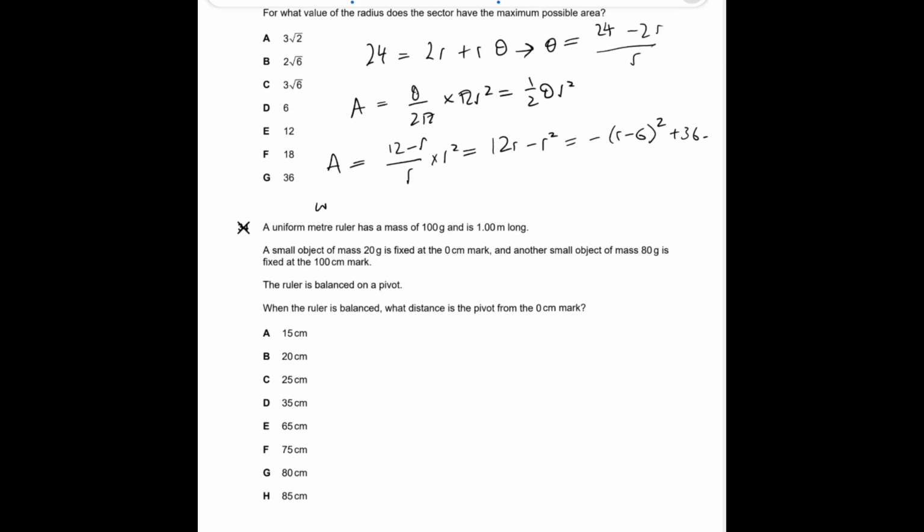So that means when r equals 6, A equals max. There we go.